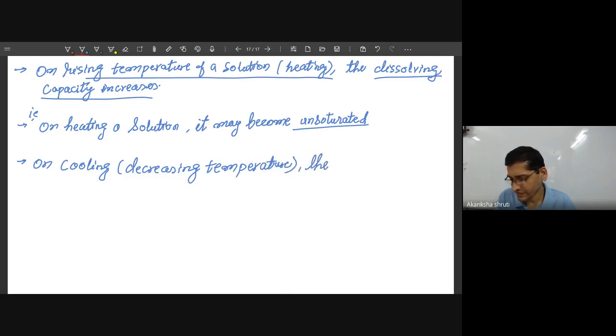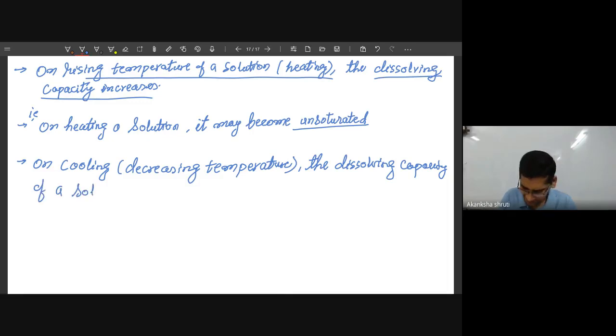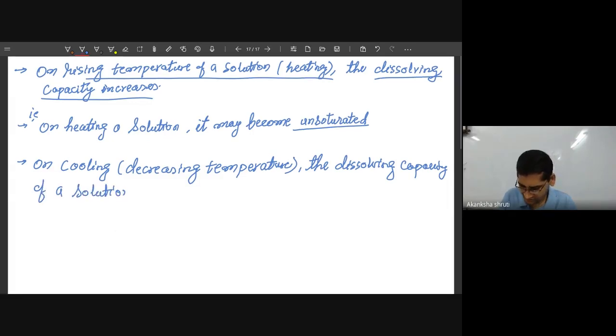The dissolving capacity of solution decreases. Very good. So the dissolving capacity of a solution decreases.